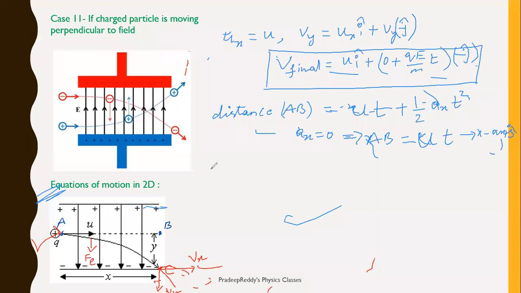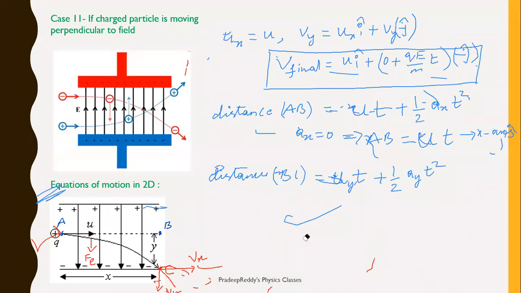Now coming to the y direction. Distance traveled along the y direction, that is BC, you can use the concept S is equal to ut plus half at square. That gives you initial velocity along the y direction into t plus half into acceleration along the y direction into t square.